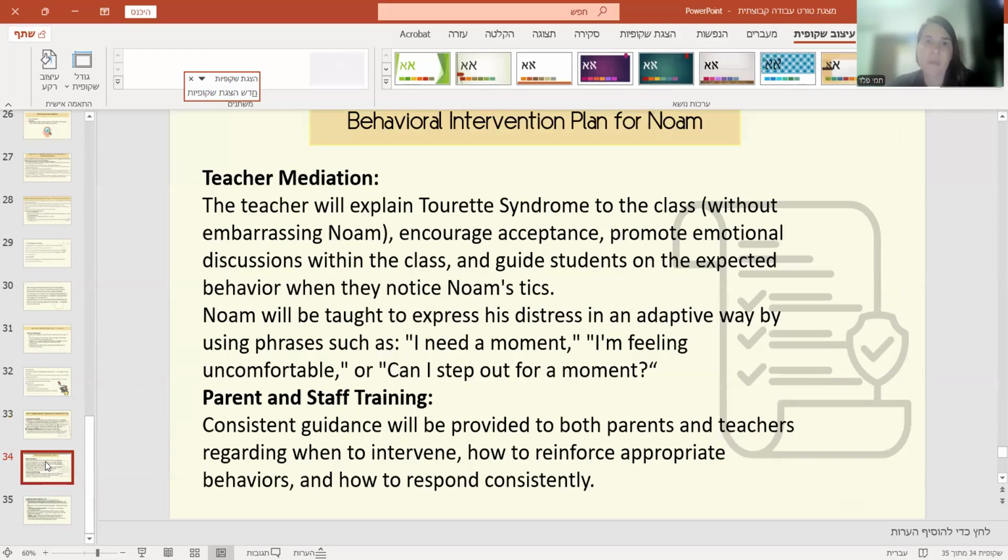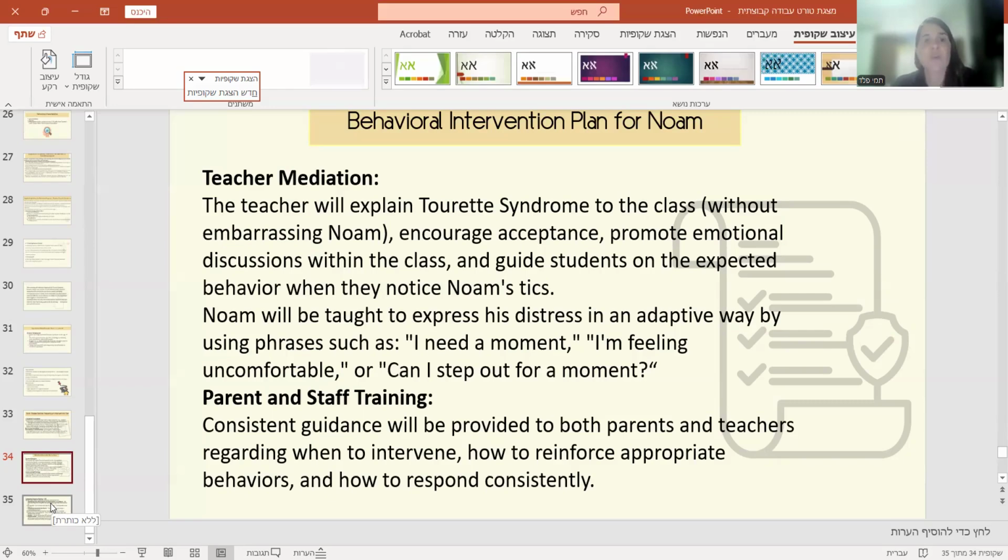Okay, the behavioral intervention plan for Noam. Teacher mediation. The teacher will explain Tourette syndrome to the whole class without embarrassing Noam, of course. Encourage empathy, promote emotional discussion about the tics, and guide the children on the expected behavior when they notice Noam's tics.